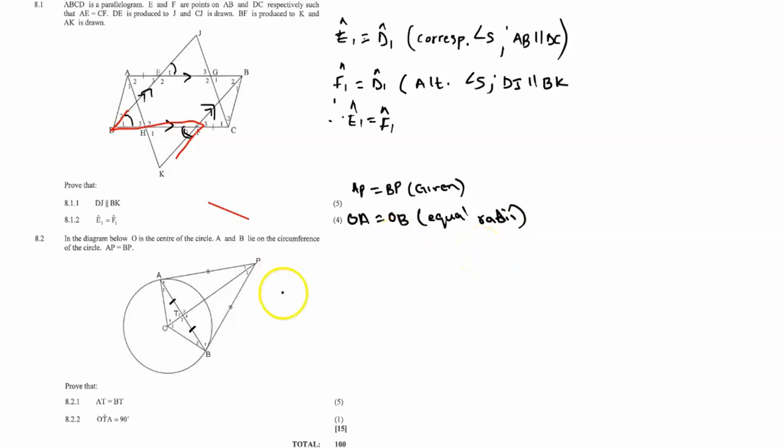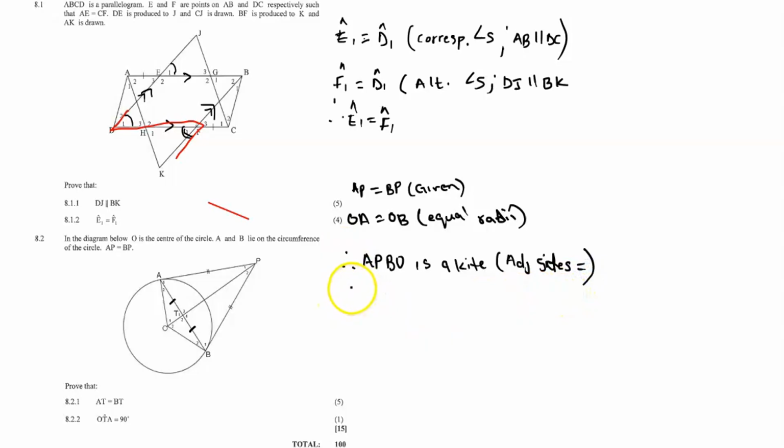And then from there we can now say therefore APBO is a kite. Why is it a kite? Because of its adjacent sides. Remember what a kite is? A kite is a quadrilateral that has adjacent sides equal to each other. So its adjacent sides are equal.